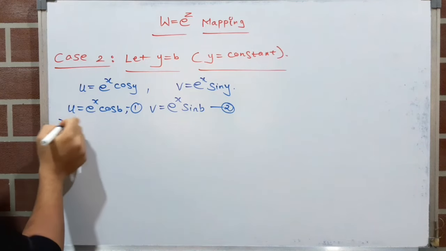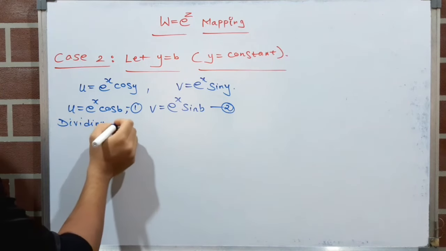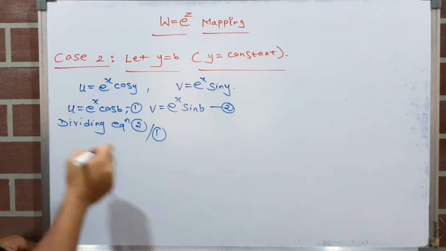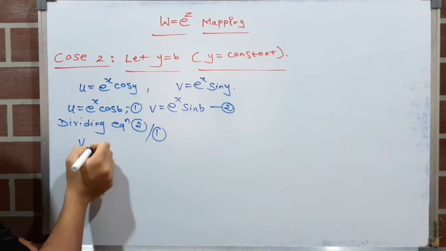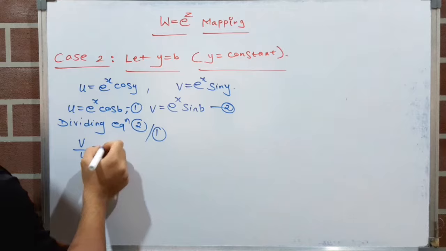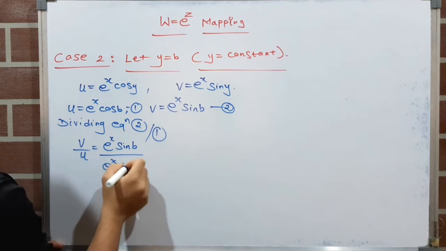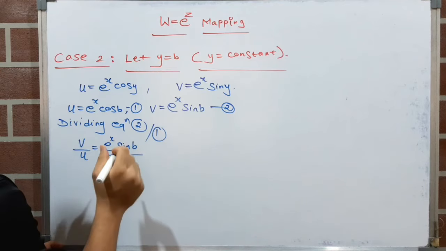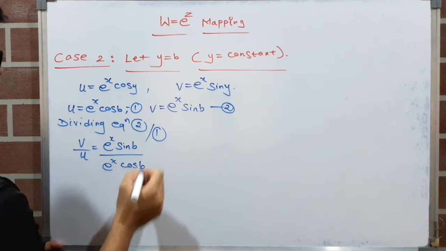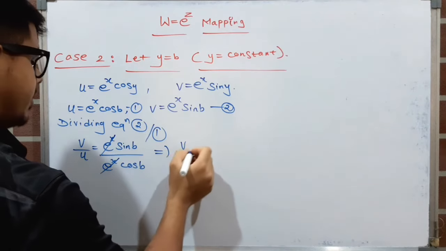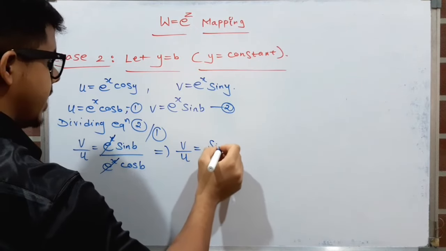Now we will divide equation 2 by equation 1. So we get v upon u, which is equal to e raised to x into sin b upon e raised to x into cos b. The e raised to x terms cancel, so we get v upon u equal to sin b upon cos b.